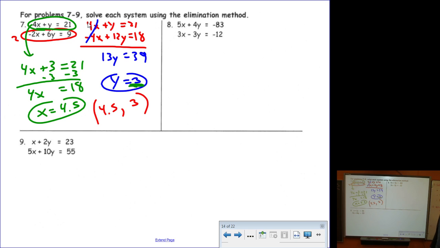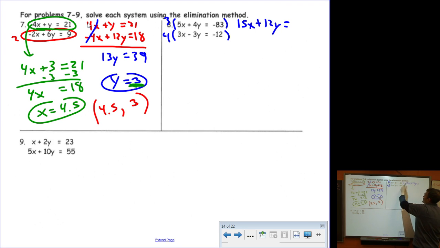Number 8, I'm going to cancel out the y's because they already have opposite signs, but you could cancel out the x's. To cancel out the y's, I would multiply this one by 3 and this one by 4. So I'd get 15x, I'd get 12y, and 3 times 83 is 249, negative 249, I think.